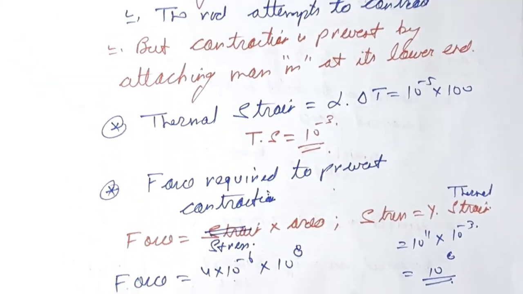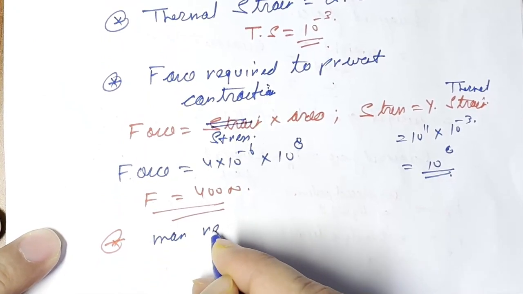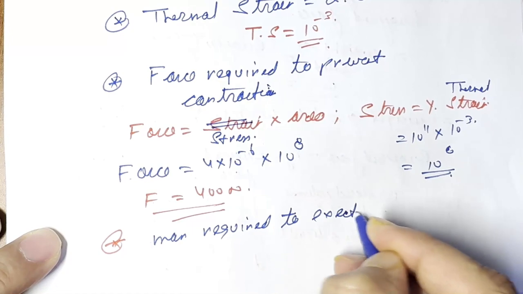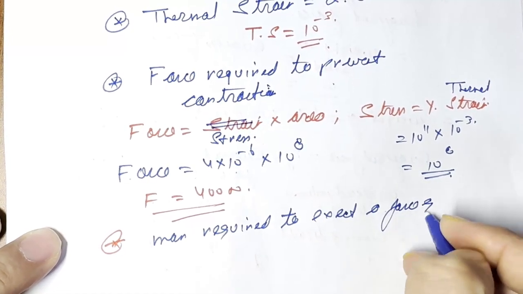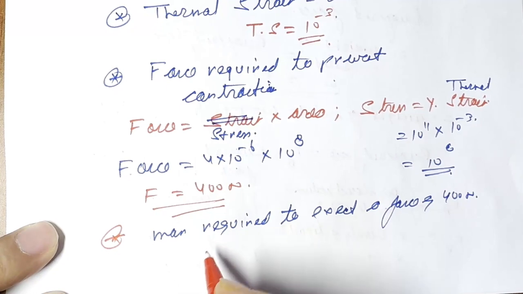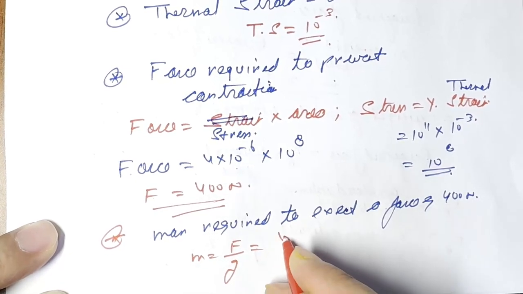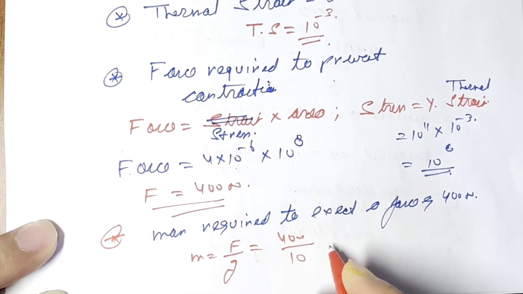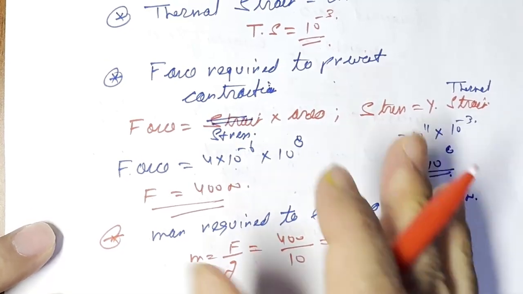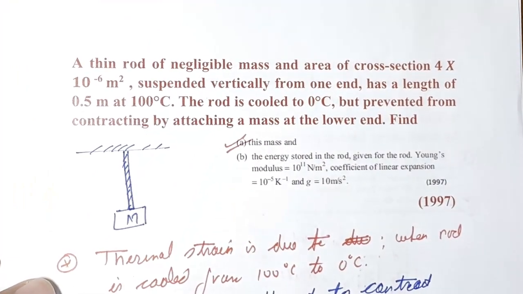The mass required to exert a force of 400 Newton is M equals F upon g. This is 400, and g we take as 10, so this becomes 40 kg. So we solved the first part: the mass required is 40 kg.